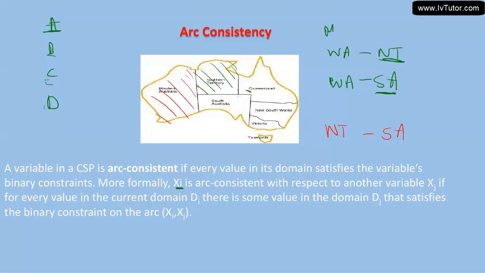Though it may prefer blue, it will end up going for red, for example. And then it has left an element in the domain for South Australia and for New South Wales. I don't know if that makes sense. If there are no questions, we can move on to another form of consistency.